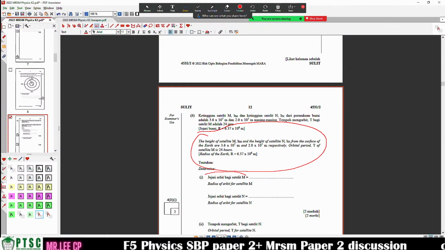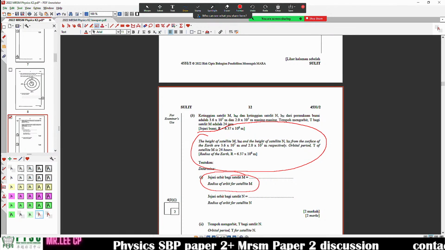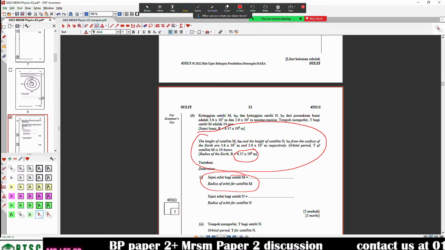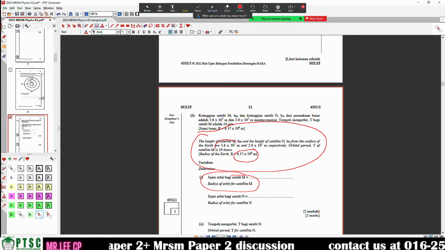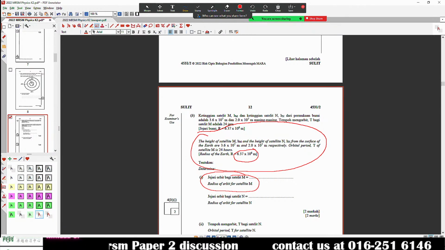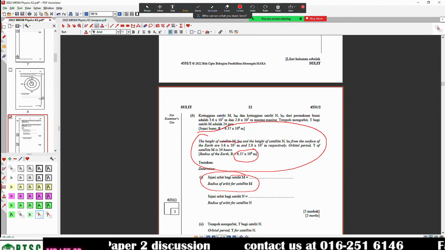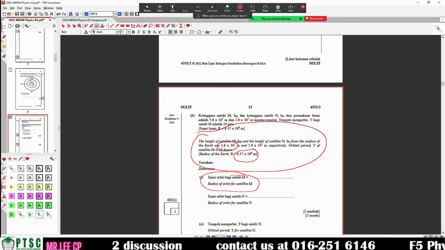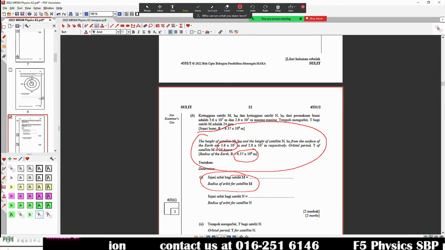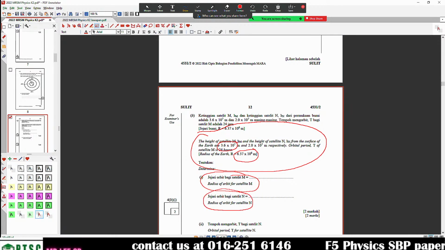The radius of the orbit is this one plus this one, for M and N. So 6.37 times 10 to the 6 plus 3.6 times 10 to the 7.